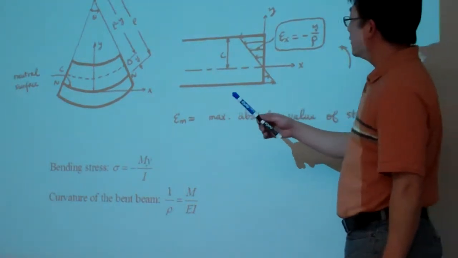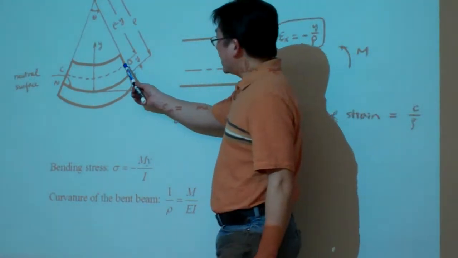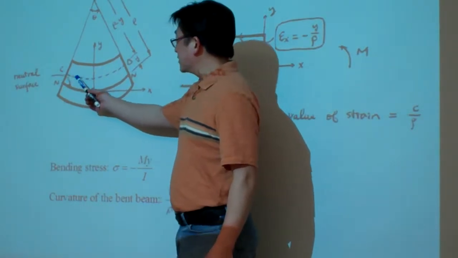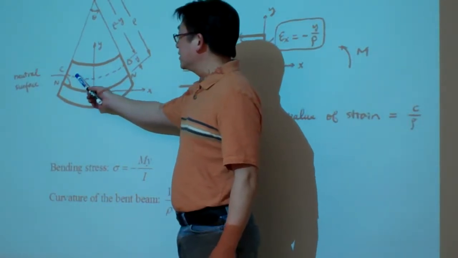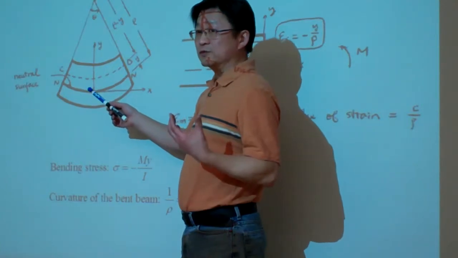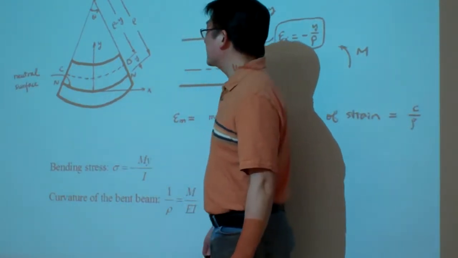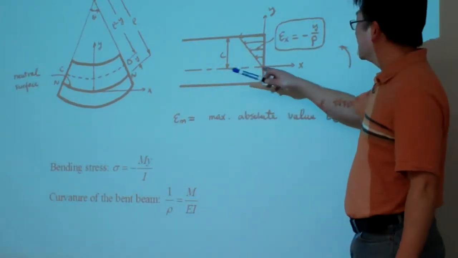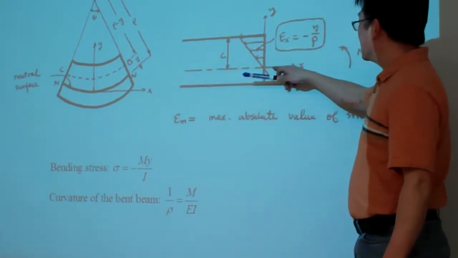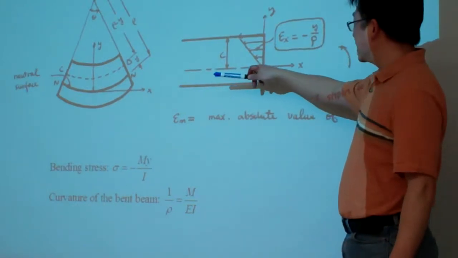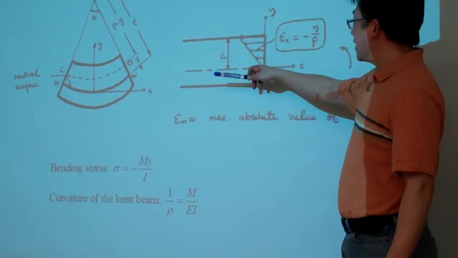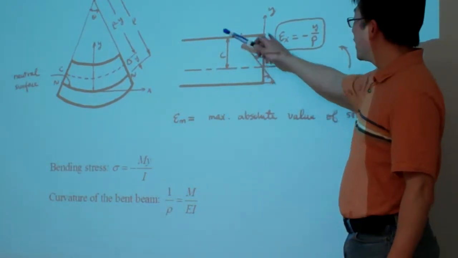Based upon this, we realize there's a plane we call the neutral surface, which has no stress, and that exists between the top and the bottom. This is the neutral axis or neutral surface, and we locate our origin on the neutral surface, and from there we measure the distance y.